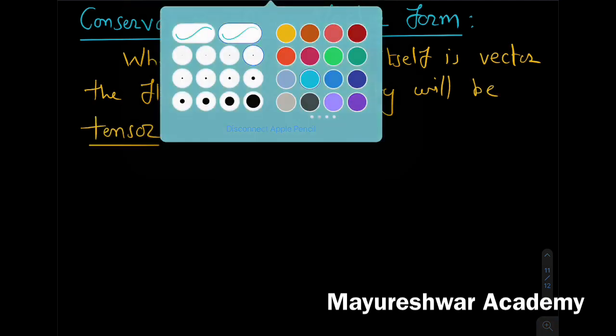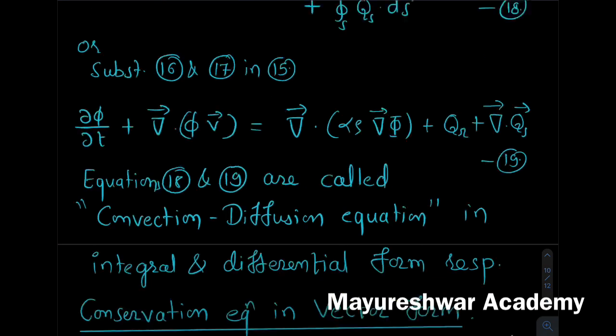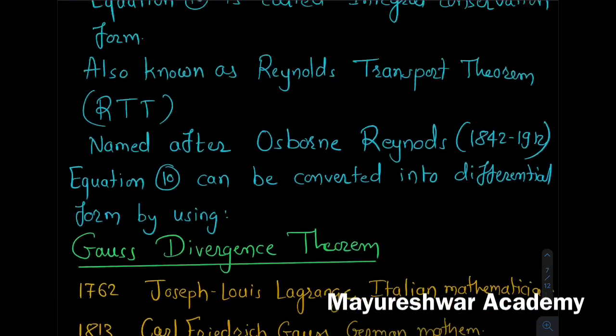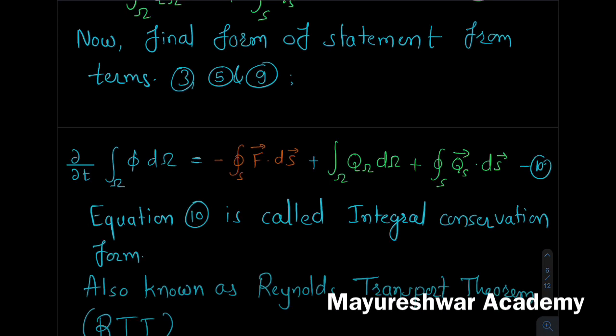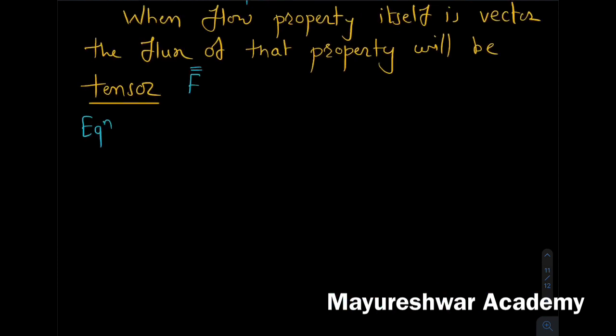So we need to note this. We are trying to indicate this by F with two bars on the head. So our old equation, we can simply use, equation number 10, which is the integral form of the conservation statement. So we can substitute there.